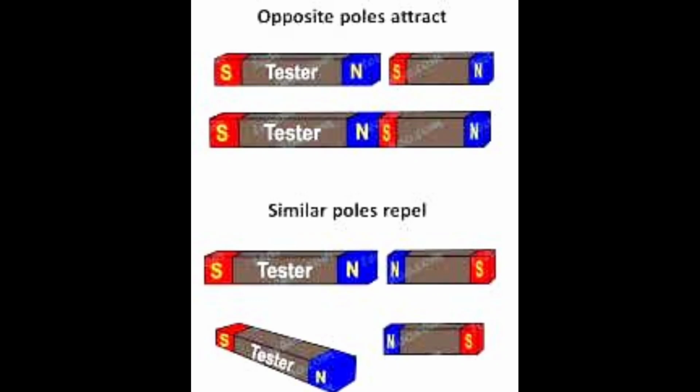If you look at the picture, when the south pole of a magnet comes closer to the north pole of another magnet, attraction takes place. But when the south pole of a magnet is brought near the south pole of another magnet, repulsion takes place. So like poles repel each other but unlike poles attract each other.